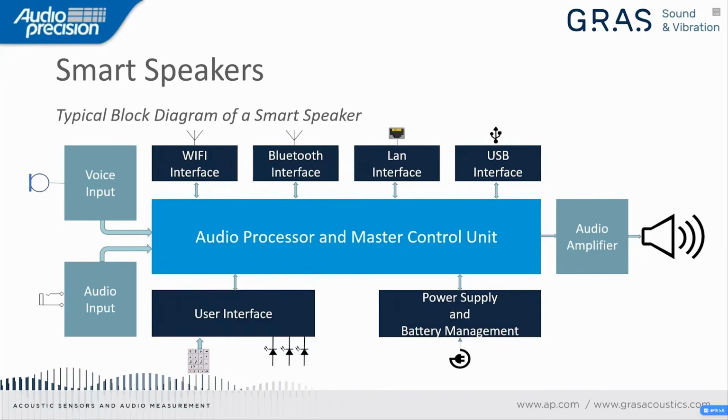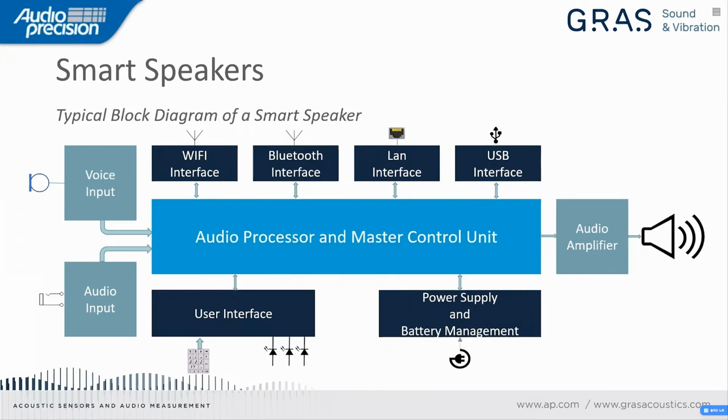The voice input is actually a microphone, which will pick up the noise and the speech around the speaker. If it is voice, then it will try to decode this voice, and if it finds something reasonable, which is part of the whole speaker itself, then it will start doing some commands.